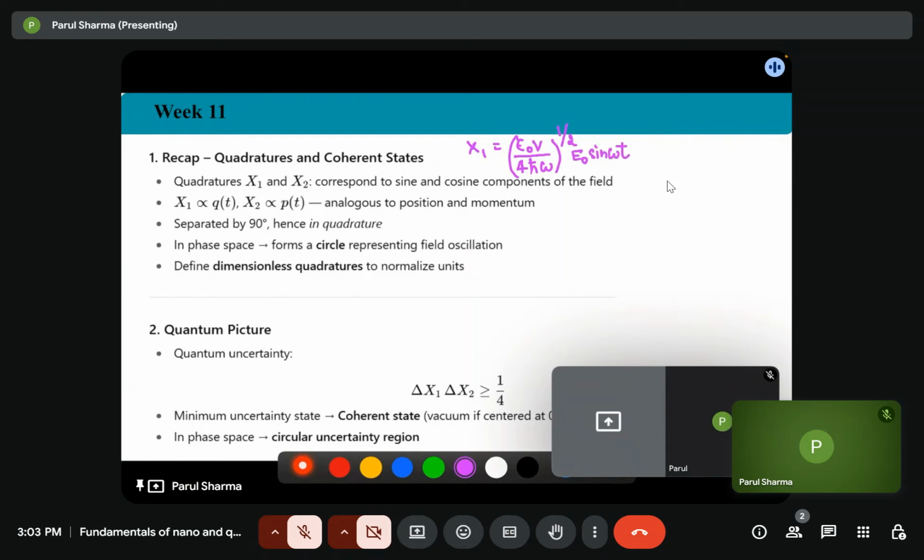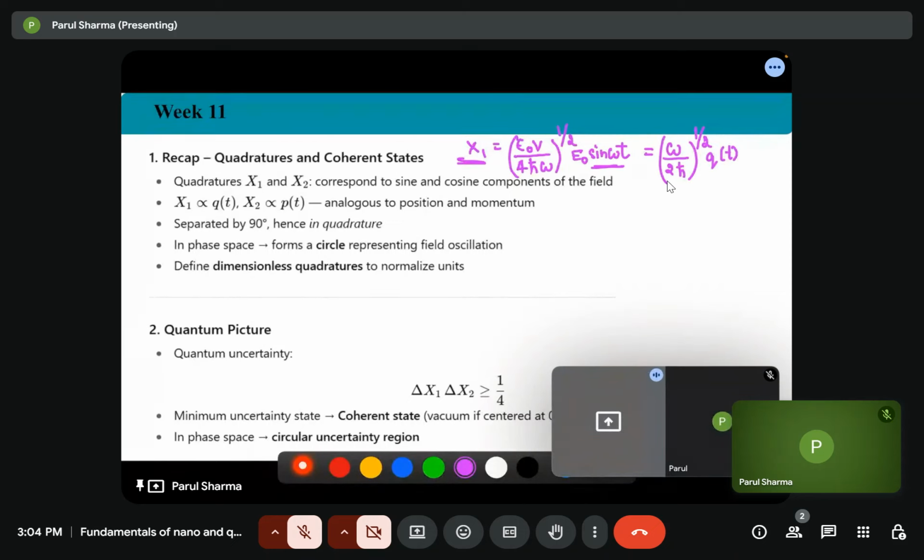So x1 is related to the sine component of the field, which we wrote as omega by 2 h cross to the power 1 by 2, q of t.